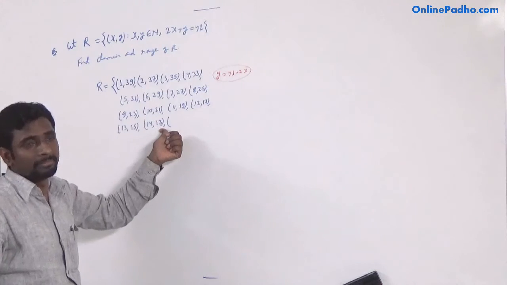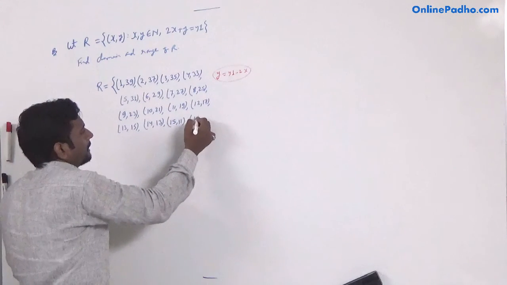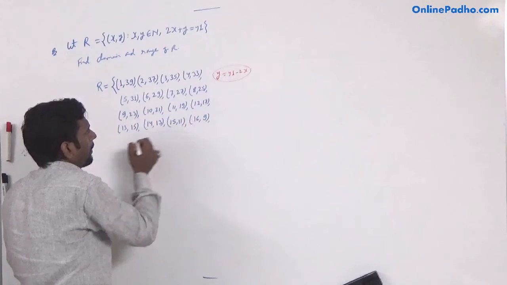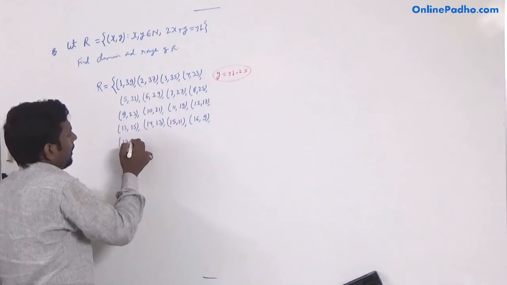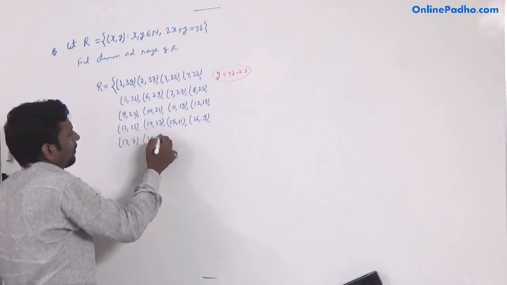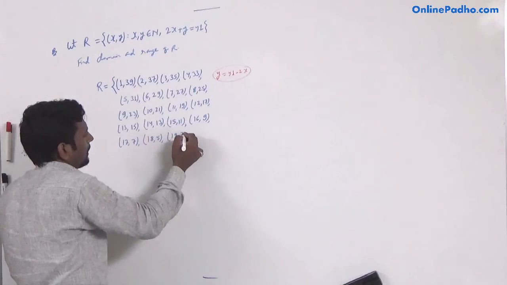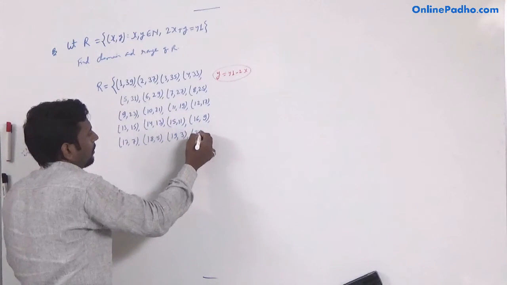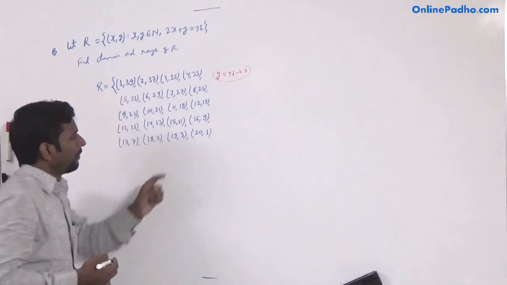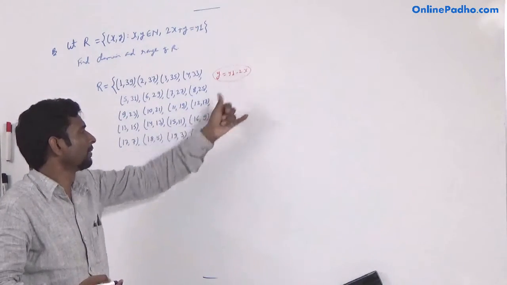Right? Now 15, 11. 16, 9. 17, 7. 18, 5. 19, 3. If you consider 20 as x, 20 times 2 is 40, 41 minus 40 is 1.